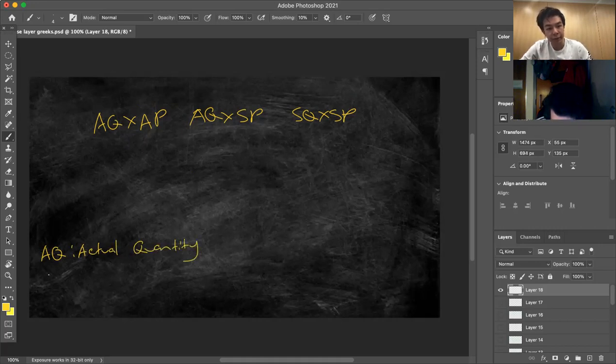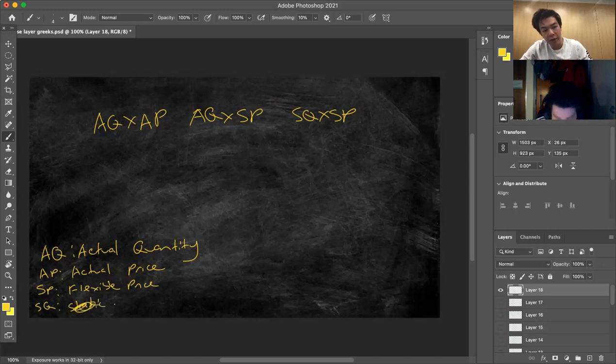AP stands for actual price. SP stands for flexible price. And SQ stands for static quantity or flexible quantity.